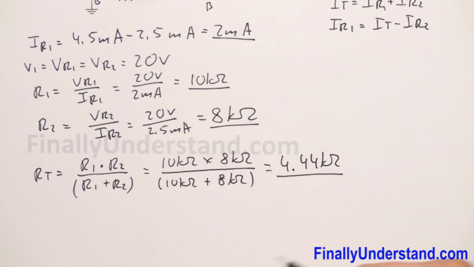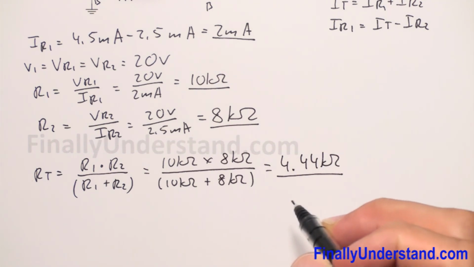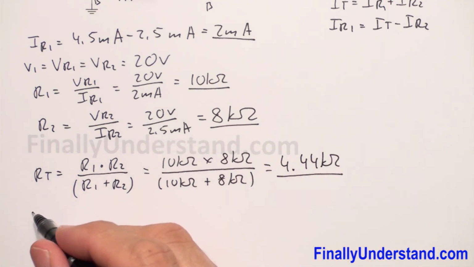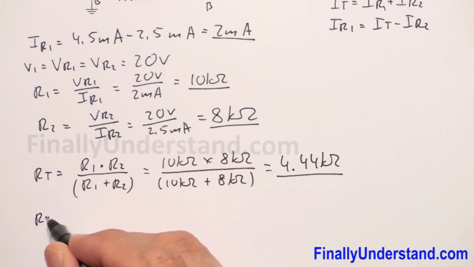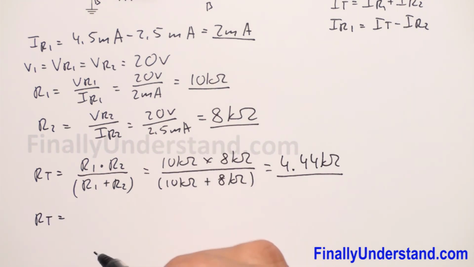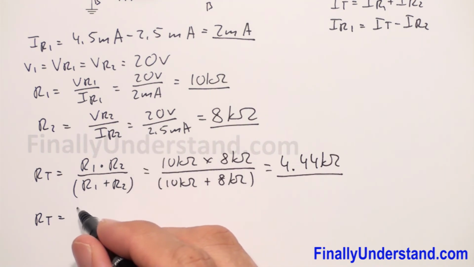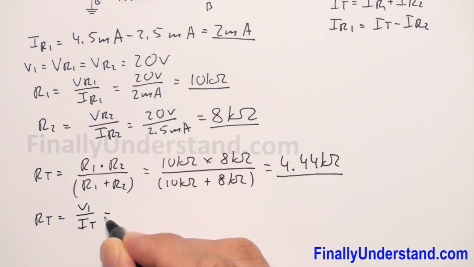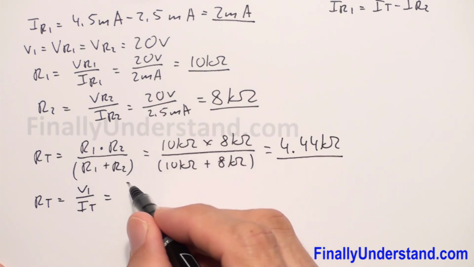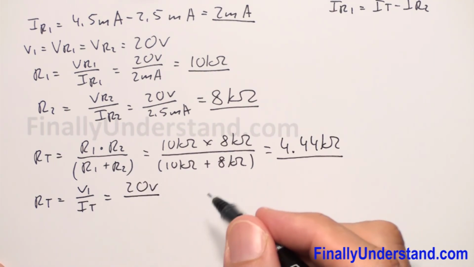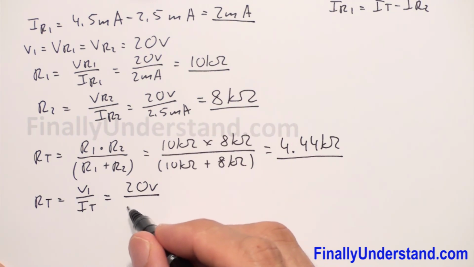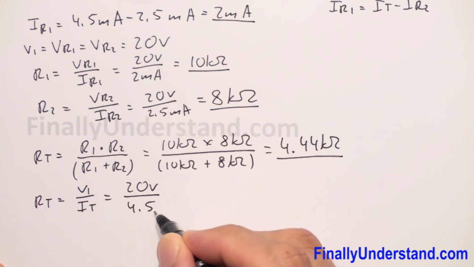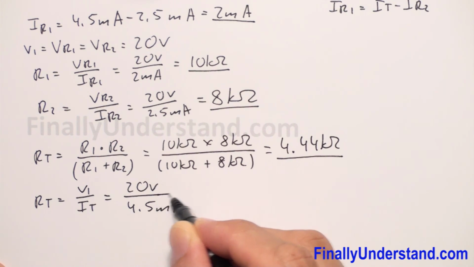Next, I'm going to compare the value of the total resistance with the value of the total resistance which I'm going to get from the information given in the problem. So R total is also equal to V1 over I total. V1 is equal to 20 volts over I total, which is equal to 4.5 milliamps.